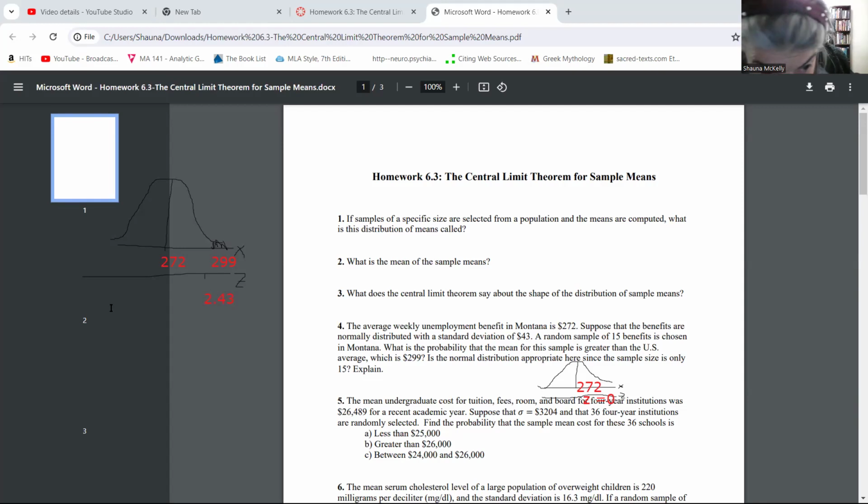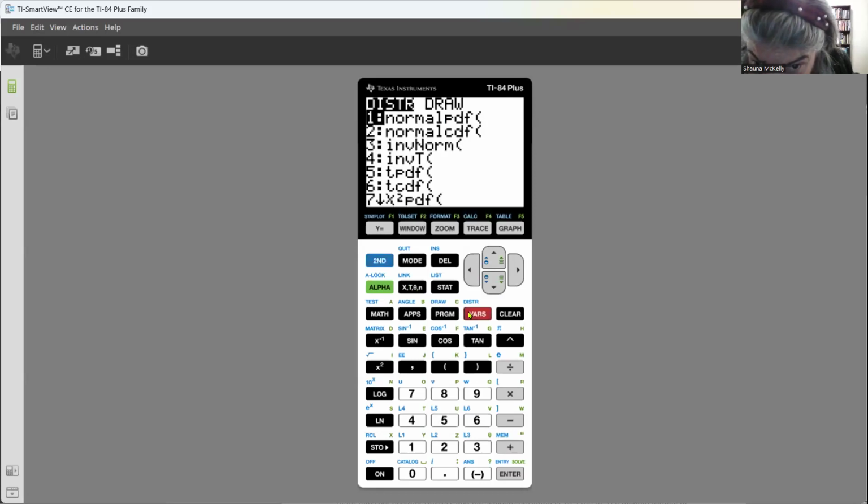Now we're going to plug it in. The next step is to show your calculator. My last step is to share the screen, share the calculator here. I'm going to go to second distribution, just like in 6.1, normal CDF number 2.